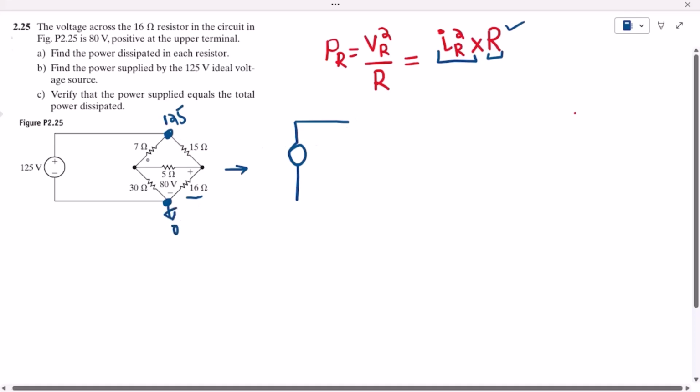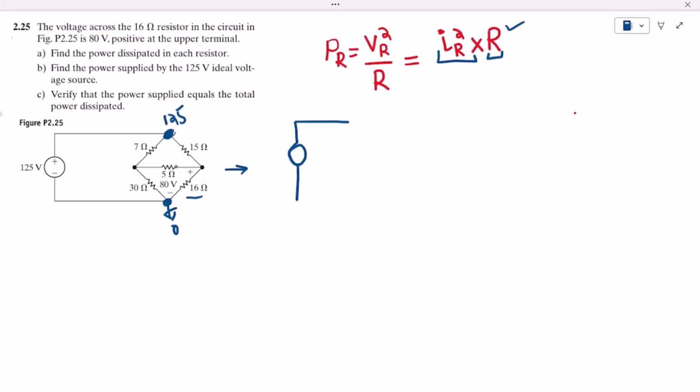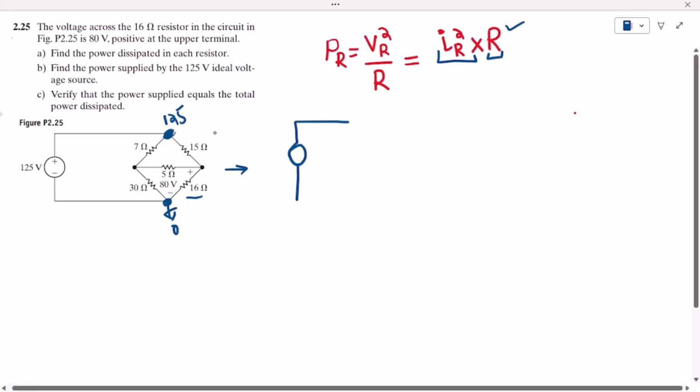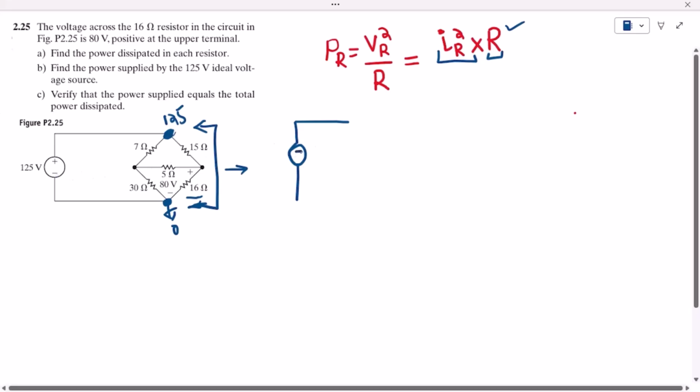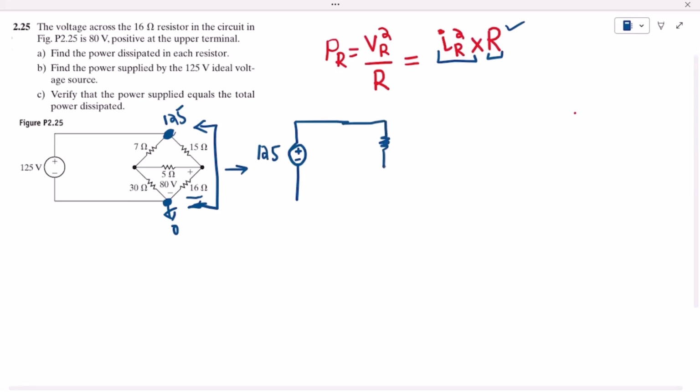Okay, so at one terminal it is 125, the other one is 0, so the total voltage in between these 2 points is 125 volts, which is due to this voltage source. So here this is plus minus 125, also as this is the common point in between them, the first resistor is here.